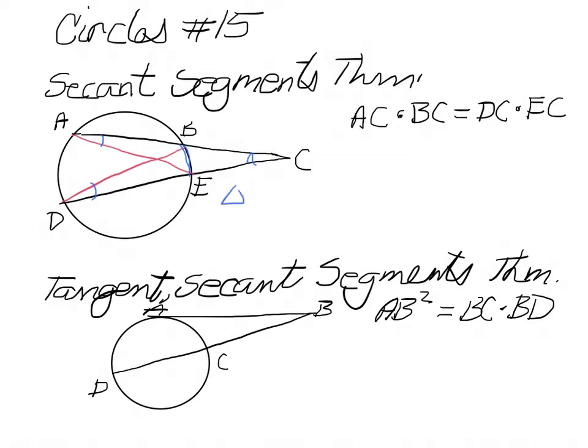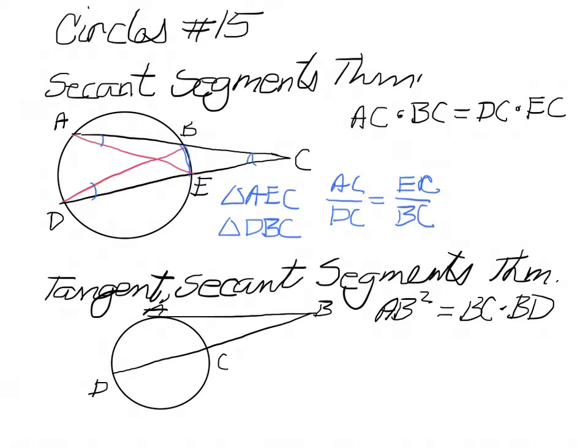And so if you'll remember, it's triangle AEC and triangle DBC. The segment AC corresponds to the segment DC, and the segment EC in the first triangle corresponds to segment BC.